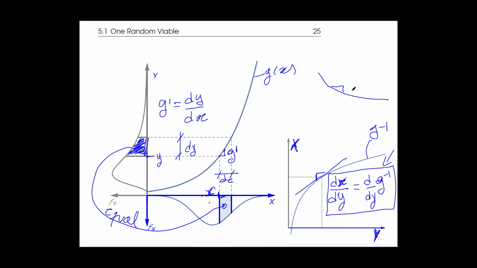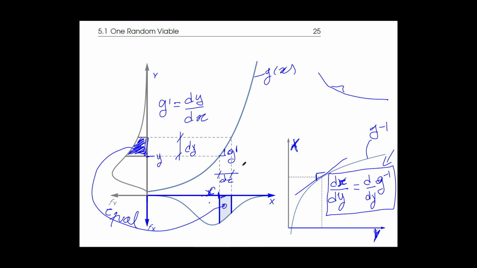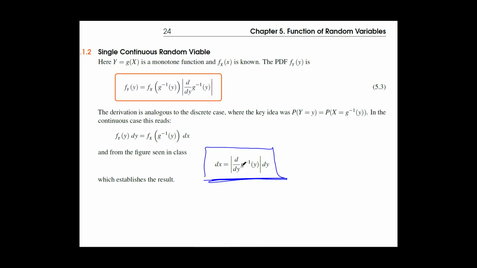But in this case, since we want to relate dx, the width of dx and dy via the function up here, right? So dx is a constant times dy, right? And that constant is the derivative at that point, and that has to be positive, right? Because we're relating the sizes of dx and dy, not their direction, so to speak. And that's why we put the absolute value sign. All right? So the absolute value takes care of increasing and decreasing functions.